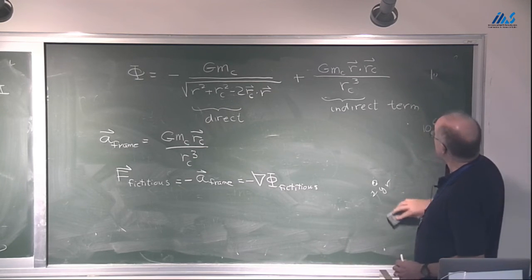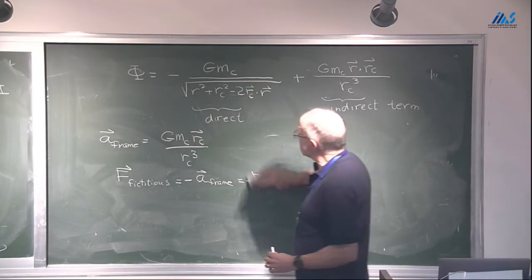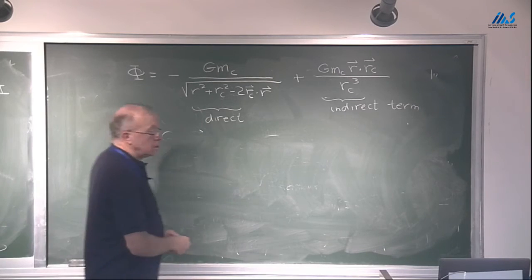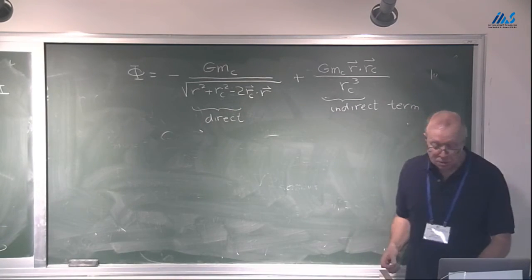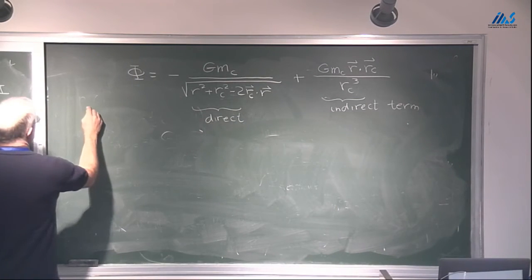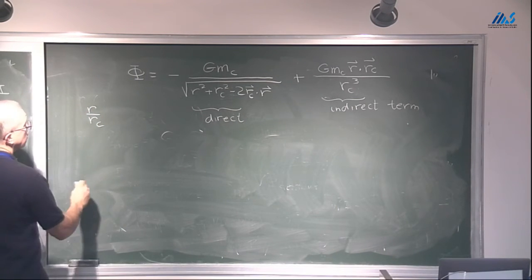Okay, now that we've got the indirect term, I'll erase this. Because we're looking at a hierarchical system in which the distance to the companion is much larger, I can expand things in terms of the ratio of r to the radius of the companion.